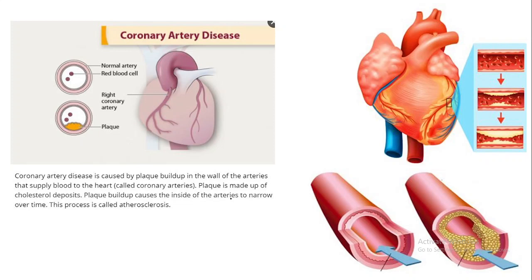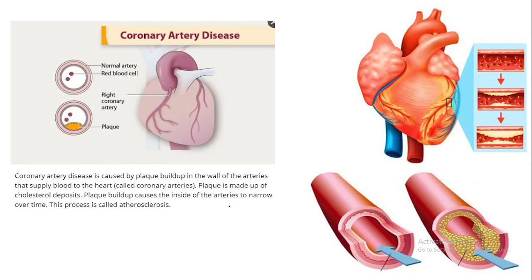To keep the heart beating, the supply of oxygenated blood is given by the aorta through the coronary artery. If something goes wrong with the coronary artery, the heart muscle is affected. Let's have a look at what happens.